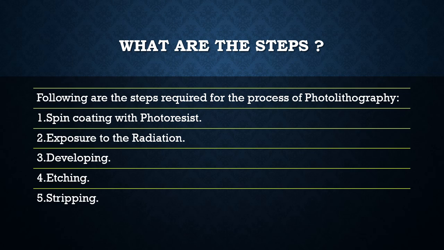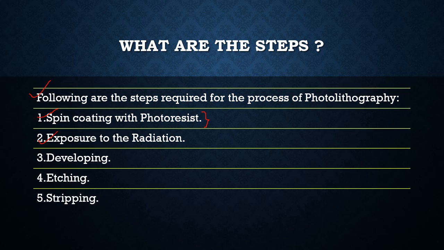So let's see what are the steps involved in the process of photolithography. These are the four steps followed during the process. First one is spin coating with photoresist, which is a kind of organic polymer which we dissolve in organic solvent, and further it gets removed from it and gives us the kind of pattern which we want to produce.